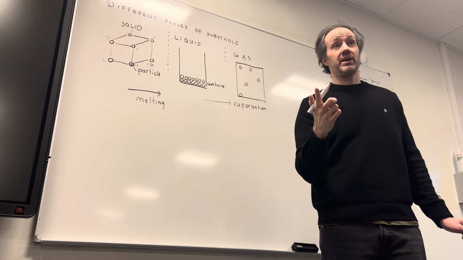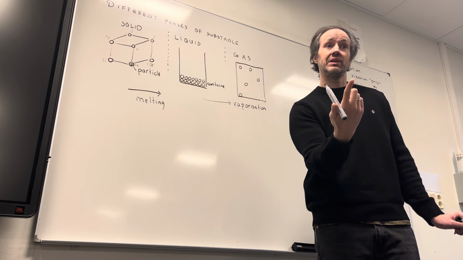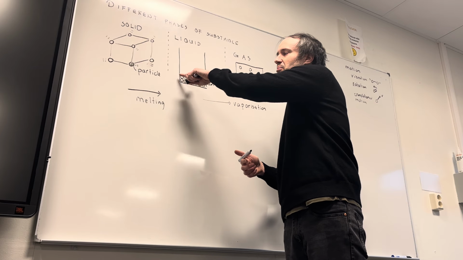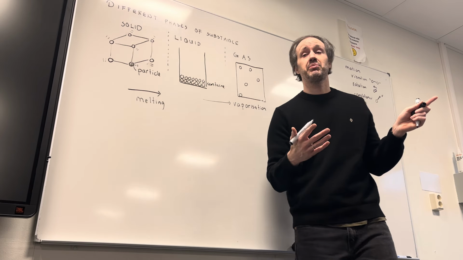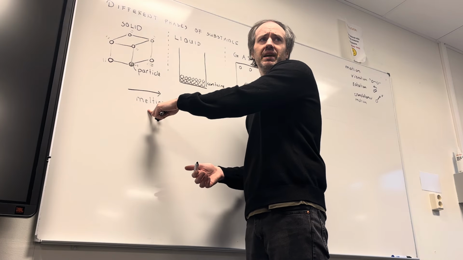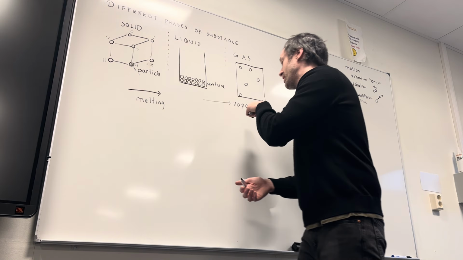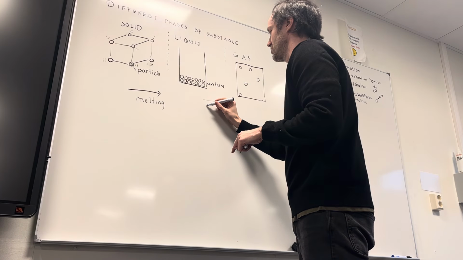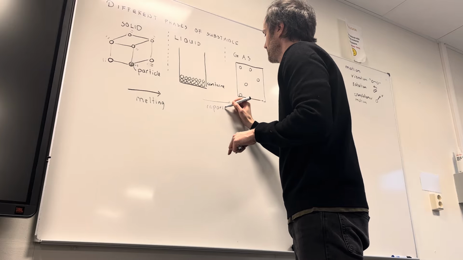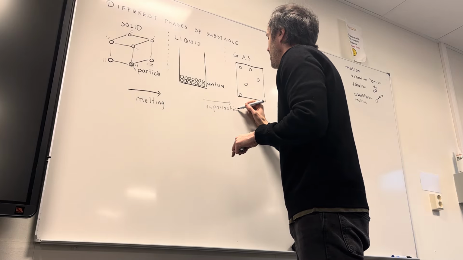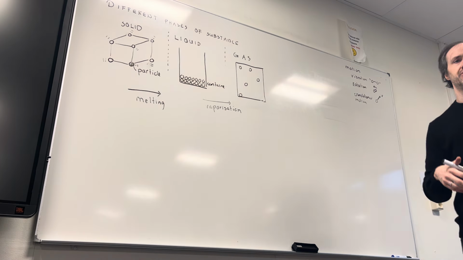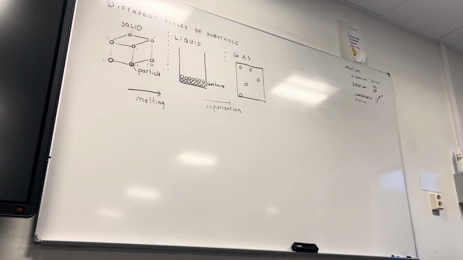Because evaporating, that's something related to it, but evaporation can only happen to the particles near the surface at any temperature. Melting takes place at the melting point. Vaporization takes place at the boiling point. But evaporating can take place at any temperature, but only to the near-surface molecules. Of course, evaporation increases with temperature as well.